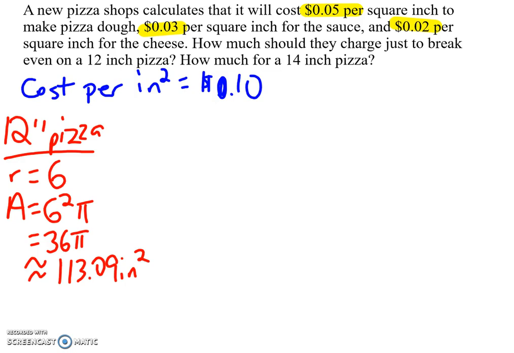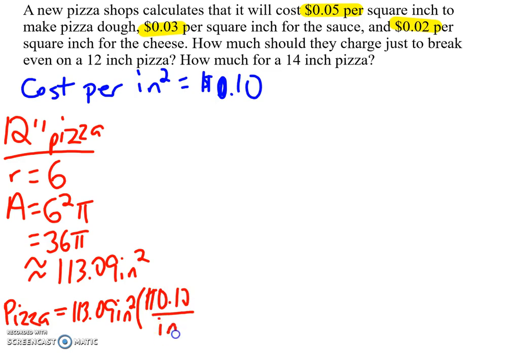So I think about, well, if I want to make sure that I cover my costs, I need to take, this is how many square inches I have, and the cost is 10 cents per square inch. So if I multiply them together, I would take my 113.00 square inches and multiply that by my 10 cents per square inch.